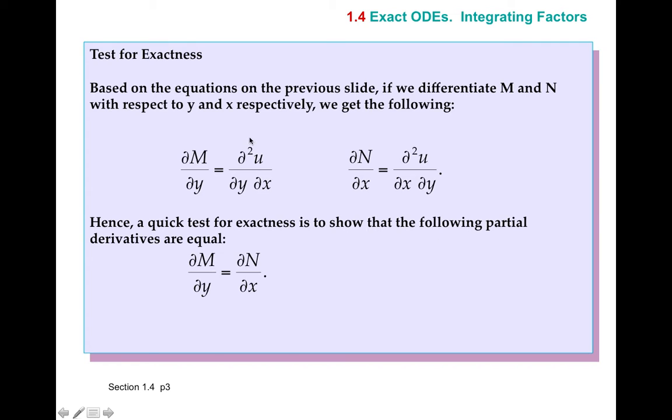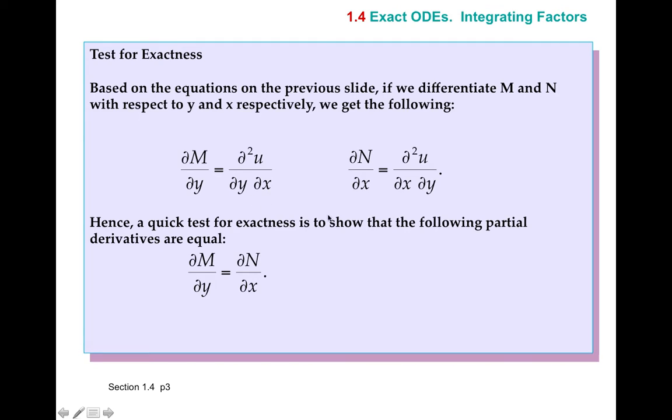So we have basically a very simple test for exactness, and that is if we differentiate M with respect to y and we differentiate N with respect to x, because of what M and N are equal to, basically this means that both of these derivatives will be equal to the partial of u with respect to y and with respect to x.